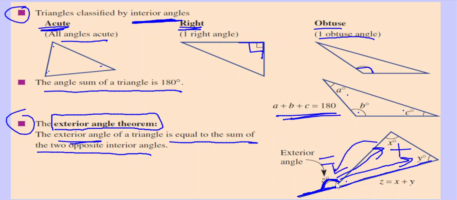It's a little trick, a little bit of information that's very handy to know. So if this angle up here was 100 degrees and this angle was 60 degrees, this exterior angle would be 160 degrees. So add those two up, equals that one.